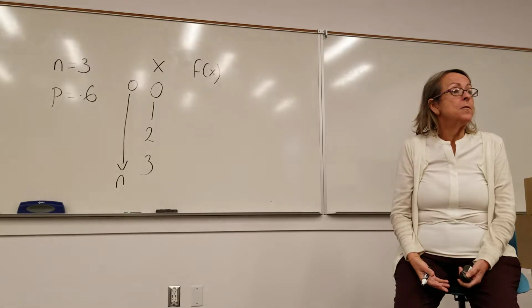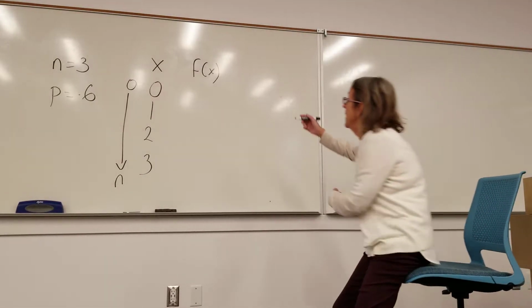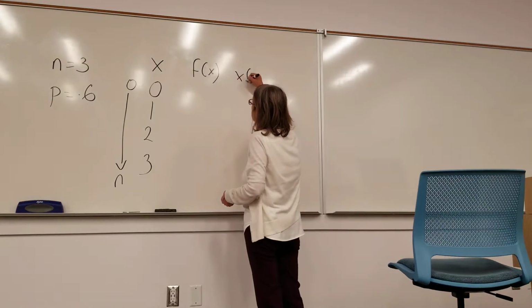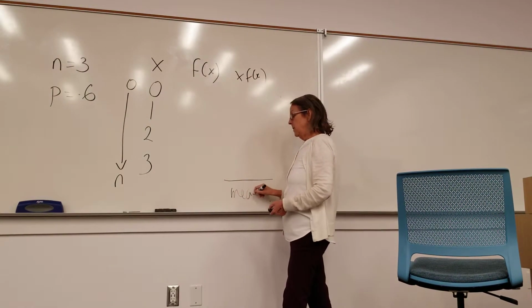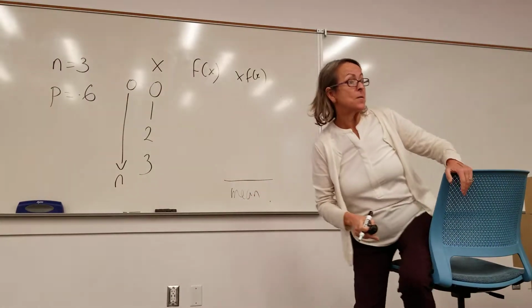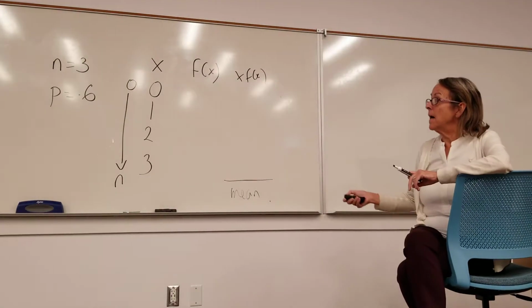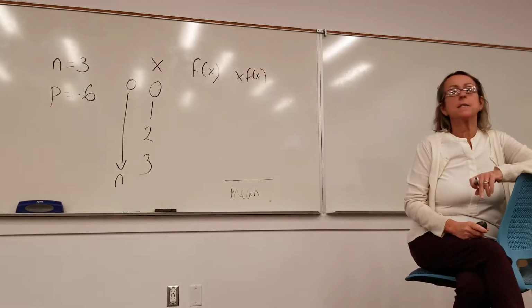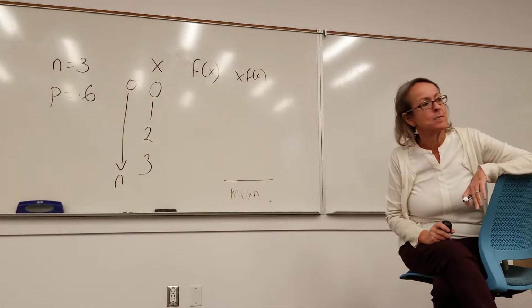You didn't have to do an X column, an F of X, and X times the F of X. You could. You will get the mean or the expected value, but you don't have to. So on a test, if I give you a binomial question, I'm expecting you to go 3 times 0.6 is 1.8, and it should take you about 15 seconds to do it at most.